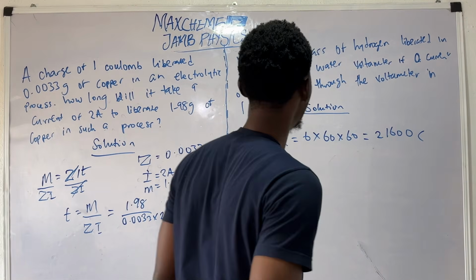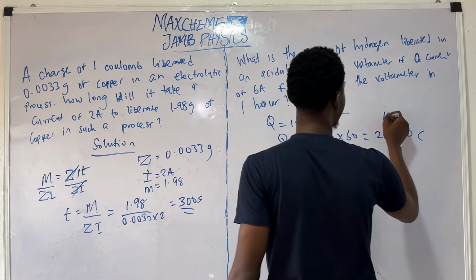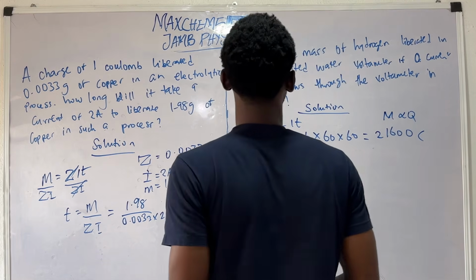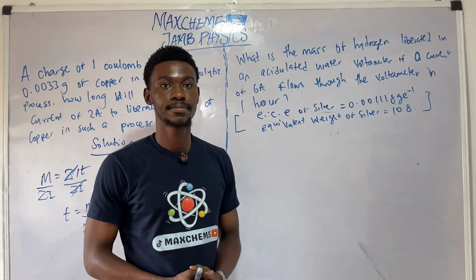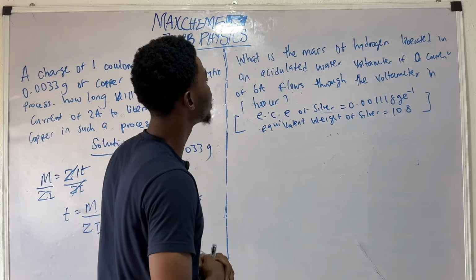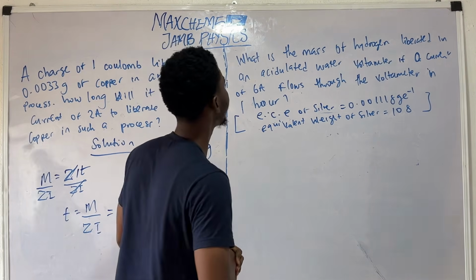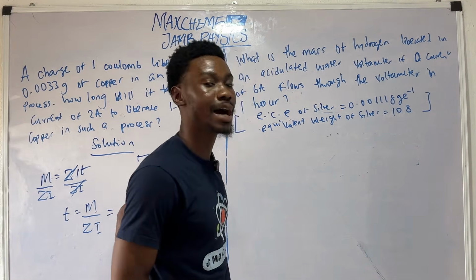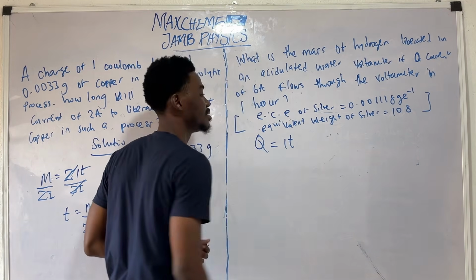And if you can recall from Faraday's first law, M is directly proportional to Q. Now, the quantity of electricity is given as IT.